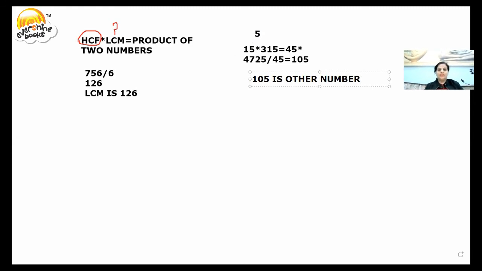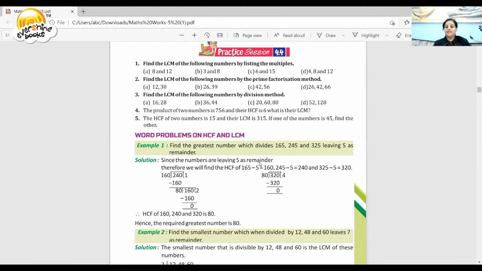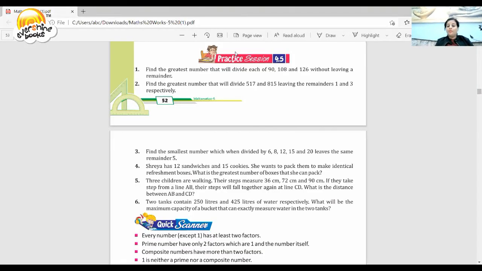So here we have done our exercise 4.4 fully with the LCM and HCF concepts, and the mixed sums we have done properly. Now we will do exercise 4.5 in a proper way. In that, we are going to do greatest and smallest numbers.